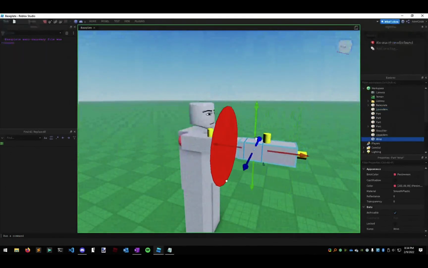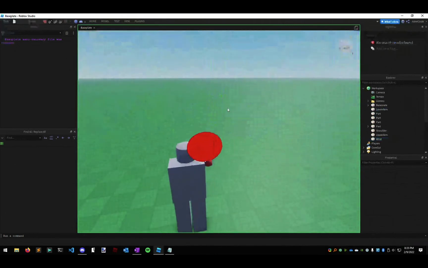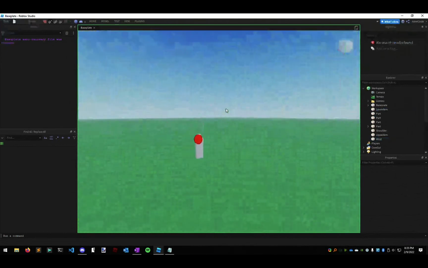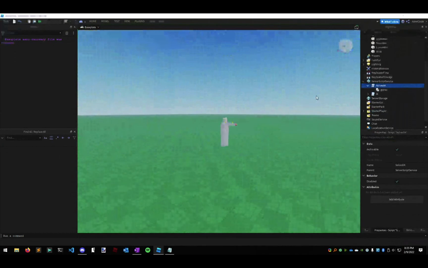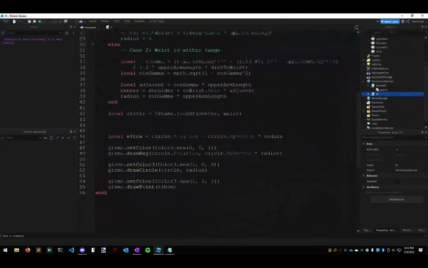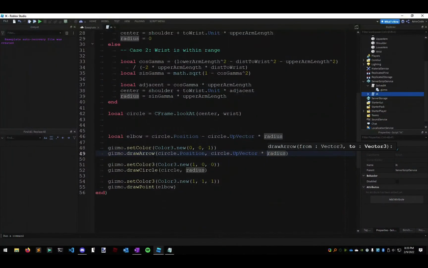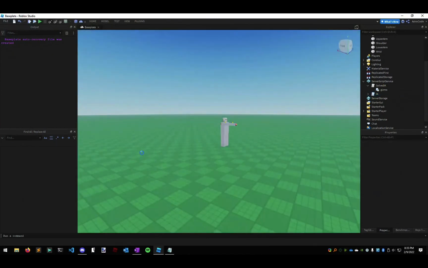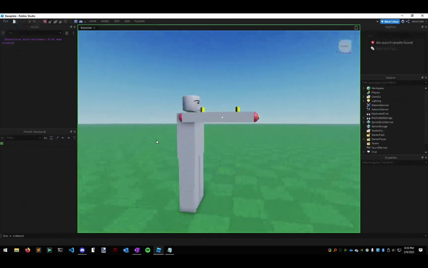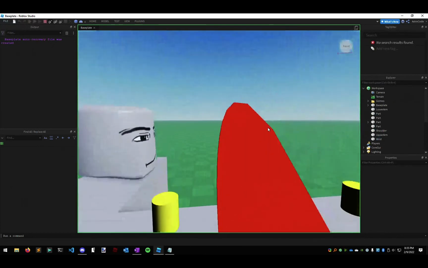What happens if you pass in the position plus the up vector rather than just the up vector? I think for that it should be draw vector or draw arrow. Oh, it's there. It's inside of the circle.